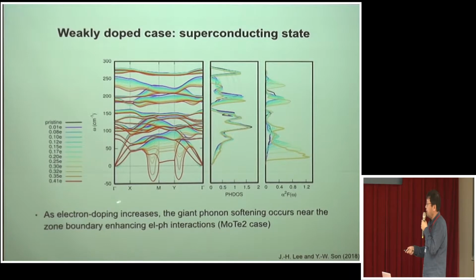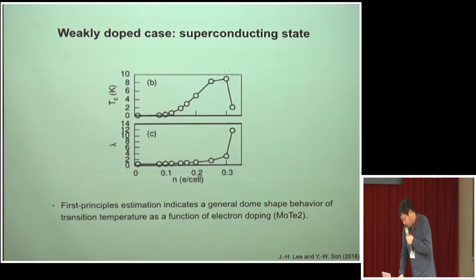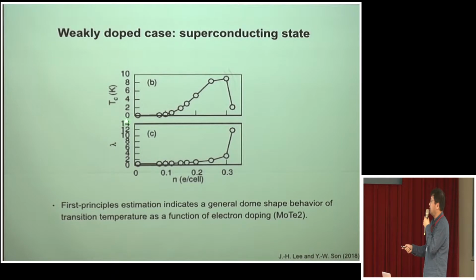Because of that, the alpha squared F function increases very high at low frequency, and simultaneously the average phonon frequency decreases. We plot it using the Allen-Dynes formalism, and you can see that Tc goes up because lambda goes up, but simultaneously the average omega decreases very quickly, so Tc goes up and then goes down as a function of doping.